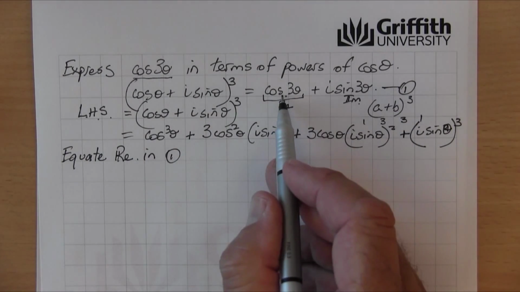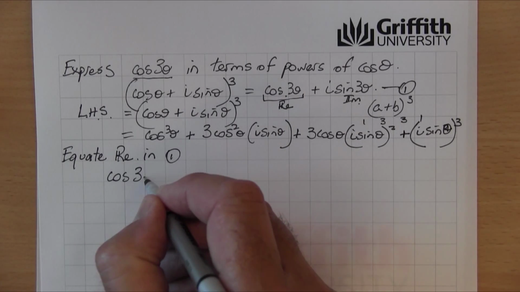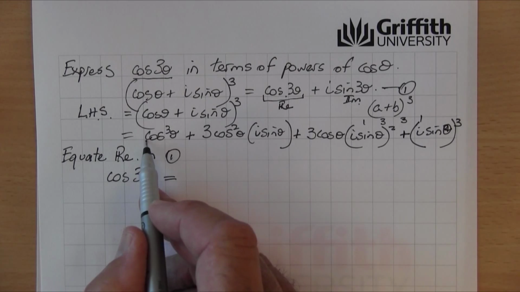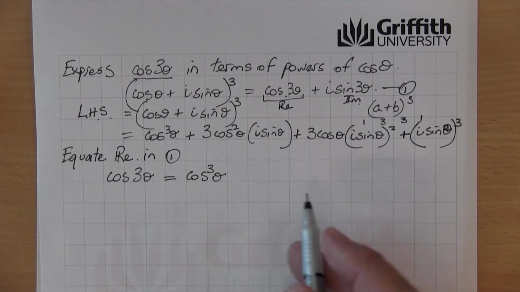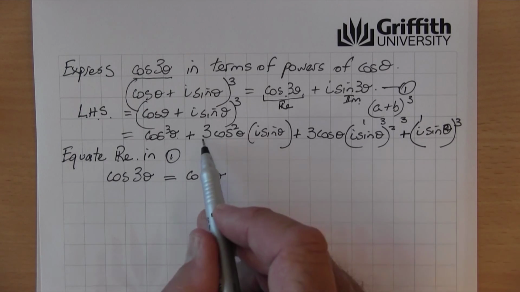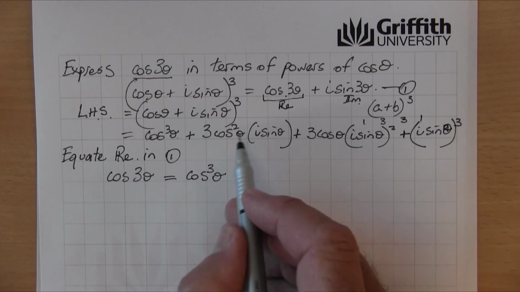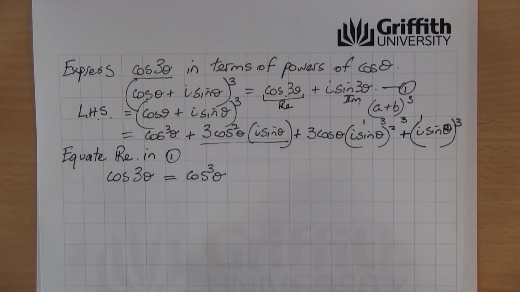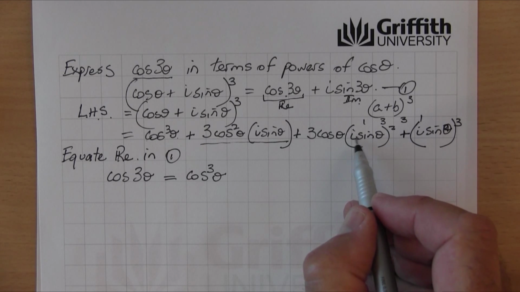So the real on the right hand side would be cos 3 theta. This is going to be real. Now that is going to contain an i at the end when we multiply it all out. So that's going to be an imaginary part. So we don't include that. When we square this here, we're going to get i squared.